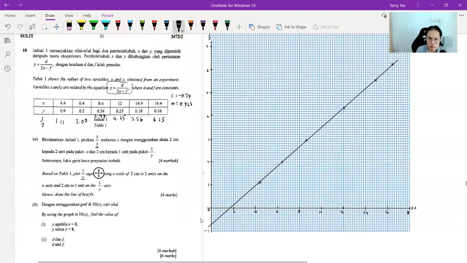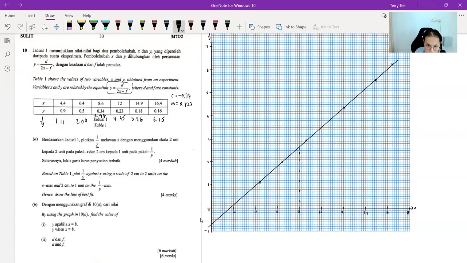Maybe we find this first because the question says, find the value of y when x is 8. When x is 8, we can just move this up. Read from here, find your y value. My y value looks like 2.6 or 2.65, around there. Now you might get a slightly different answer, and that is okay.